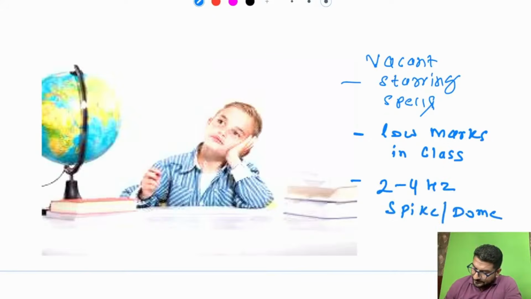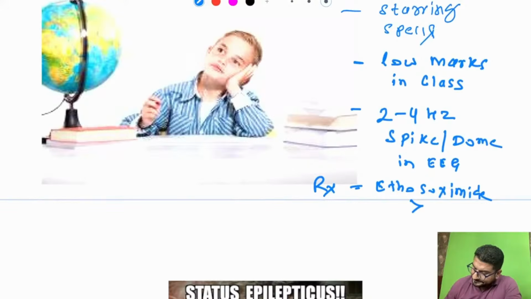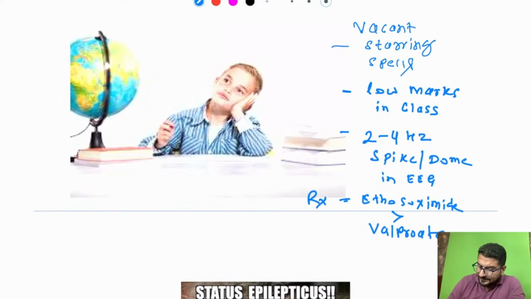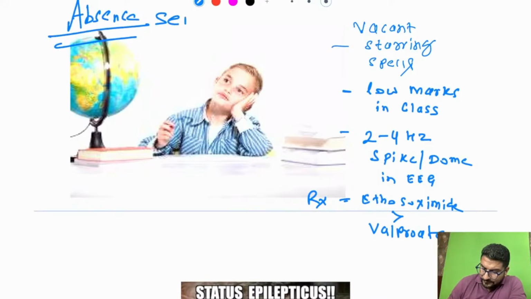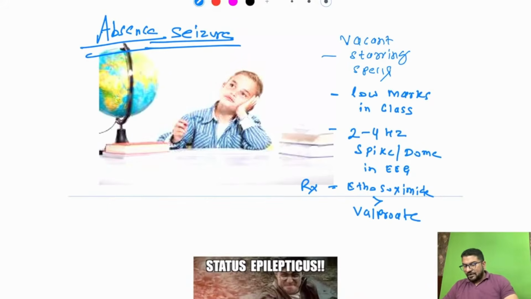In EEG you will find 2 to 4 hertz spike and dome pattern. And in treatment, what do we give? Anyone? We give ethosuximide. If this is not in the options, then we can choose valproate. So this is about your absence seizures. Absence seizure is also called petit mal epilepsy or absence seizures.